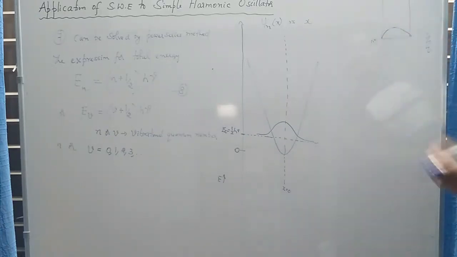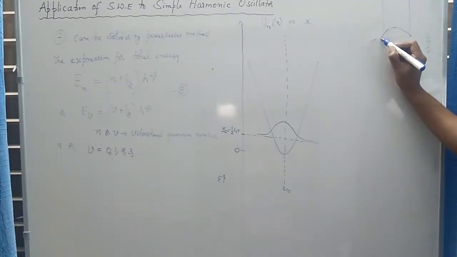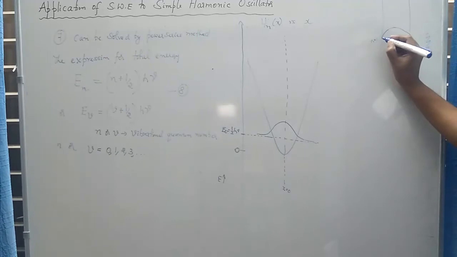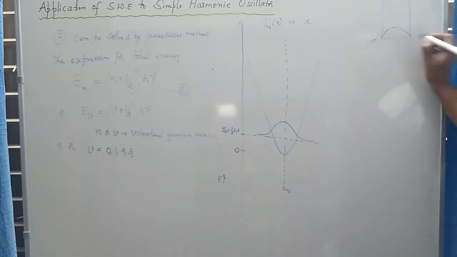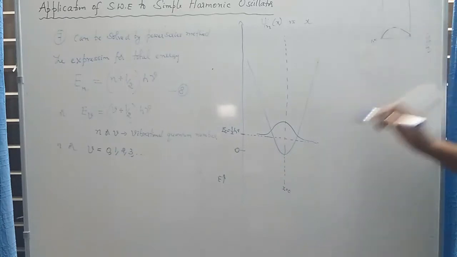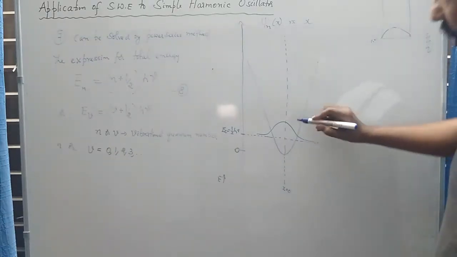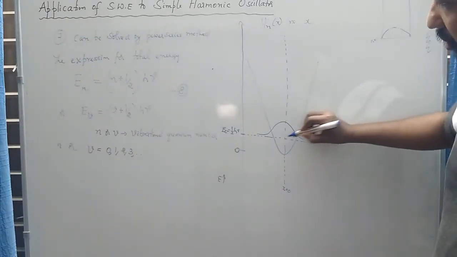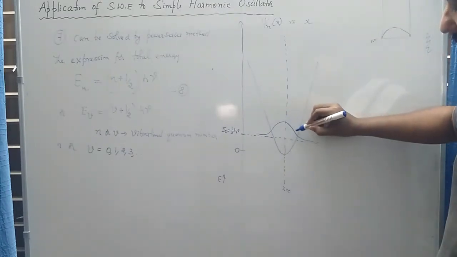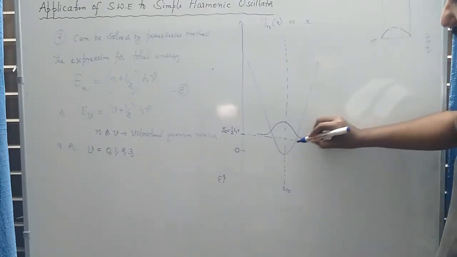So what we see here is the wave function becomes 0 at the boundary points. Here the wave function becomes 0, and here also it becomes 0, because of certain boundary conditions. But here we observe that the wave function does not become 0 at these two points. The wave function in fact crosses this barrier.